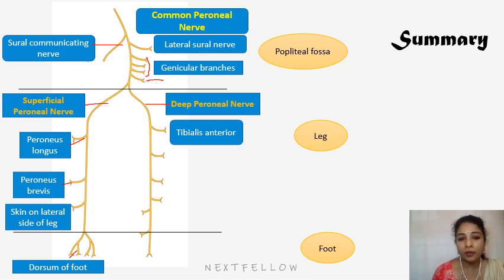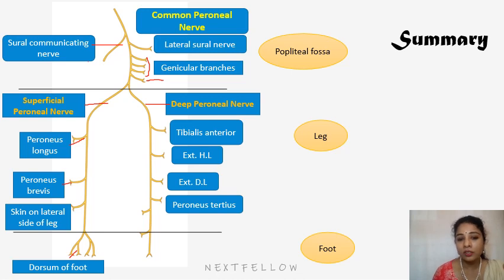Next, the deep peroneal nerve supplies anterior compartment muscles of the leg. So it is the nerve of the anterior compartment. It supplies tibialis anterior, extensor hallucis longus, extensor digitorum longus, peroneus tertius. All these are anterior compartment muscles.